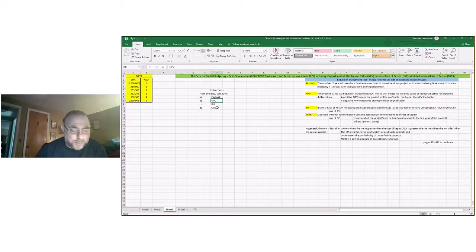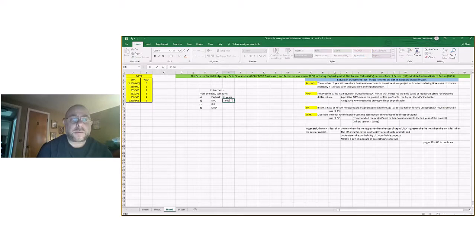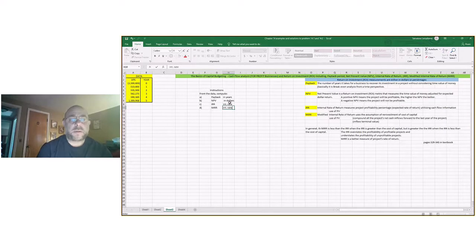And the last two will be interest rates. Right? So let's just put that in here. So this would be in years. This would be in dollars. This will be an interest rate. And so will the MIRR.